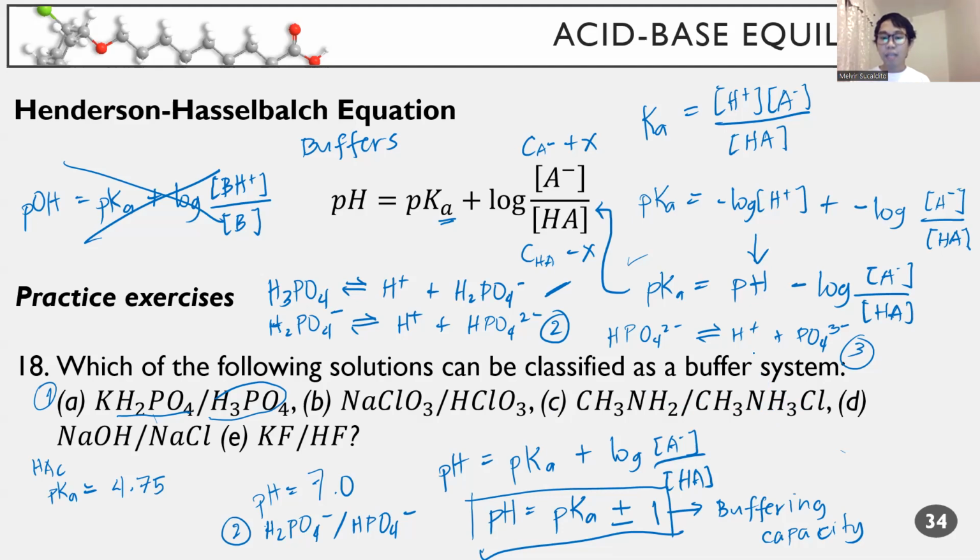But it's not just CH3NH3 plus, but CH3NH3 plus tapos may Cl minus. What is Cl here? Cl is just a spectator ion. Yes, chloride here is just a spectator ion.